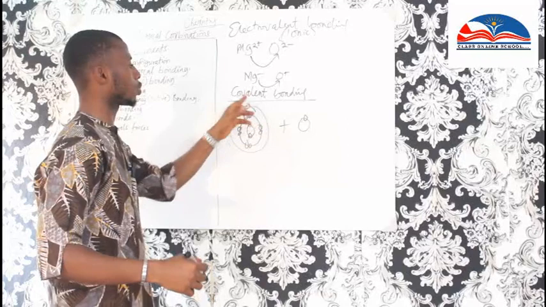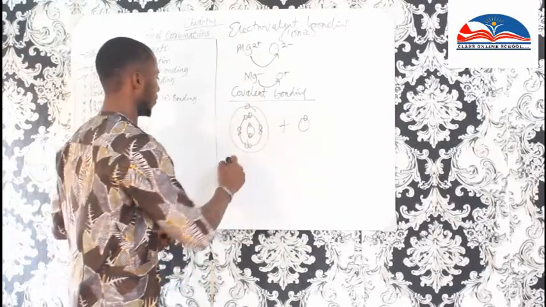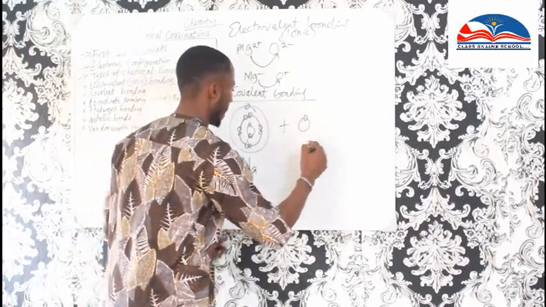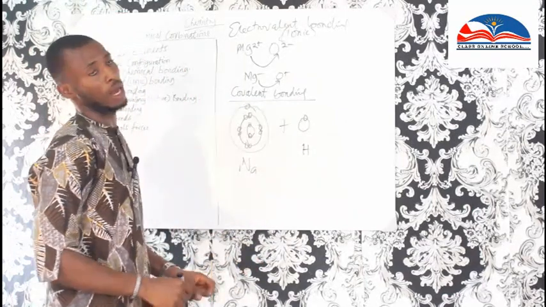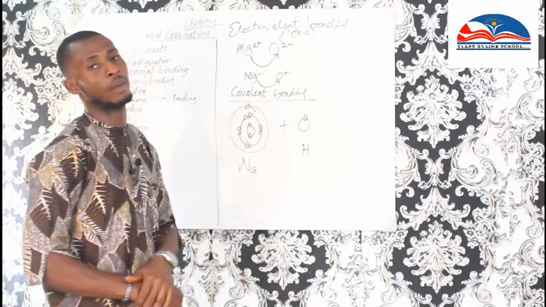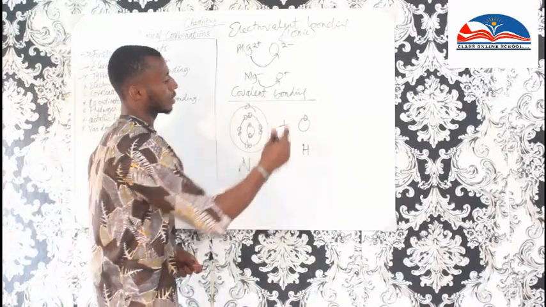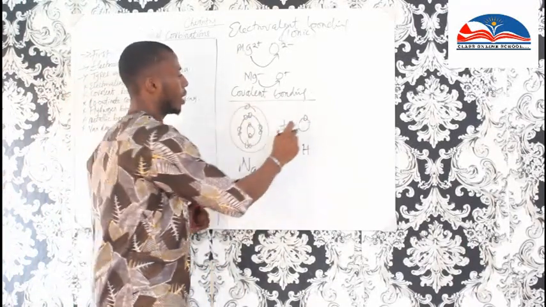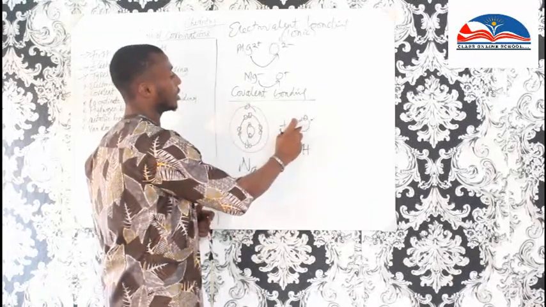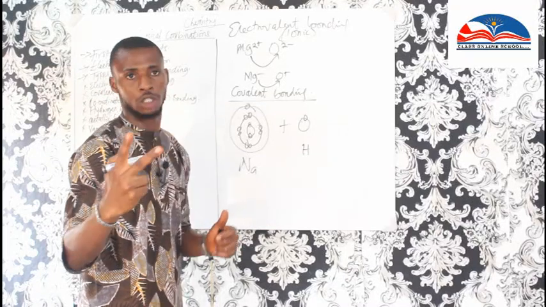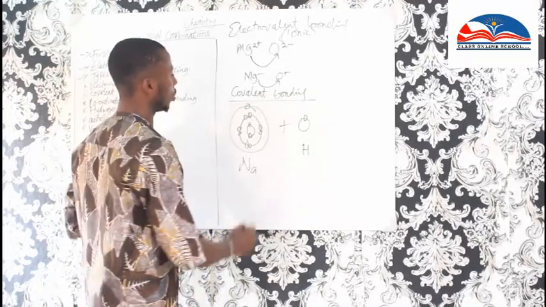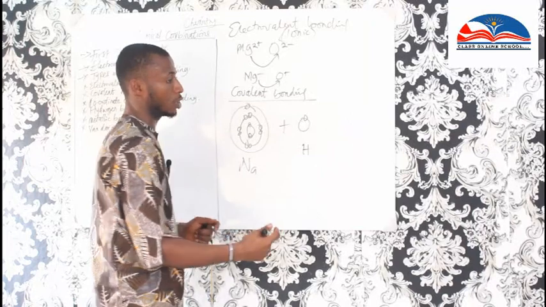Now, sodium has 1 electron, hydrogen has 1 electron. One has 1 electron to give, and one has 1 electron to receive. Remember that hydrogen has only 1 electron, and the last shell is always a duplet. It is not 8, it's always 2. So it needs 1 electron to balance it up.